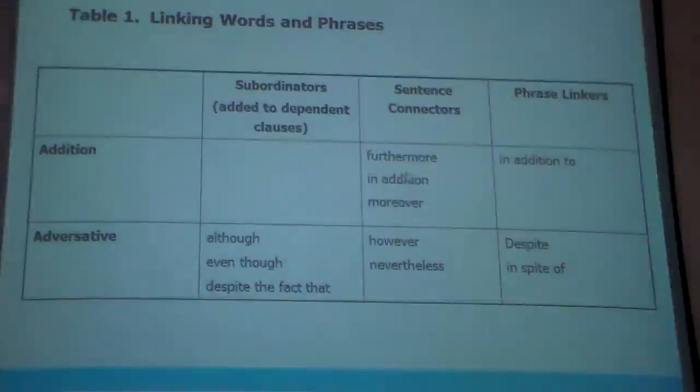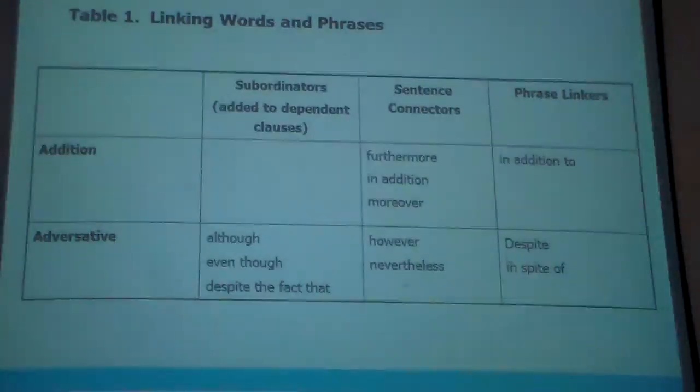Furthermore, in addition, moreover, however, nevertheless. What's the meaning of addition? You add information. Adversative, you will give the opposite of what you have already said. If you use however, what comes after however will be the adverse of what comes before.